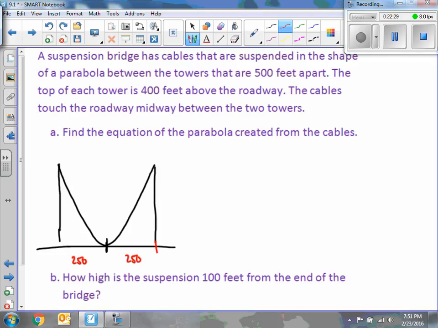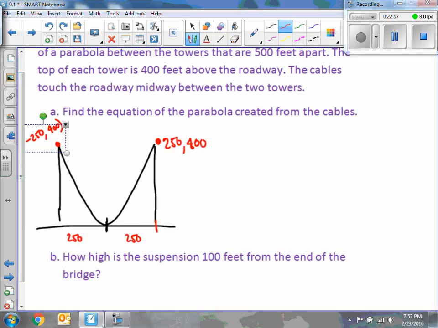The top of each tower is 400 feet above the roadway. So this right here would be the ordered pair 250, 400. This point right here would actually be the ordered pair negative 250, 400.